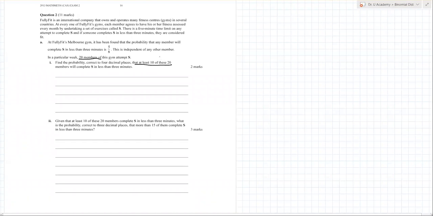So that means N and K, that relation is given to you in the wording. Your N would be 20, your P would be 5 divided by 8. What is your X?